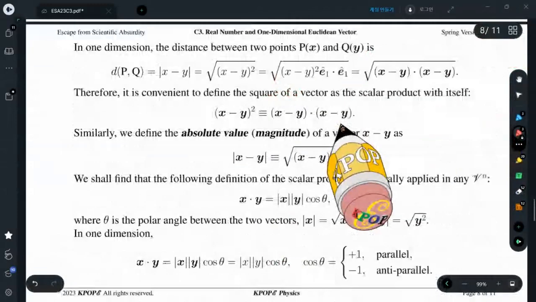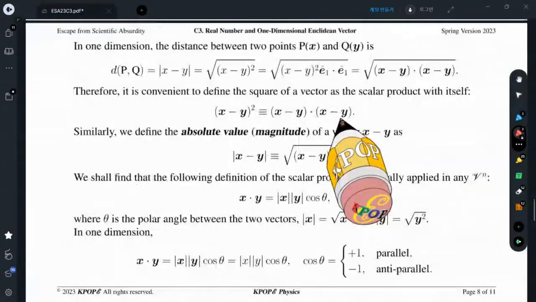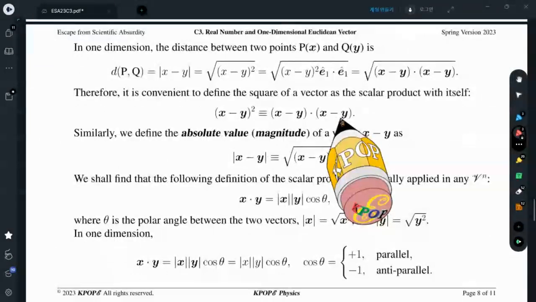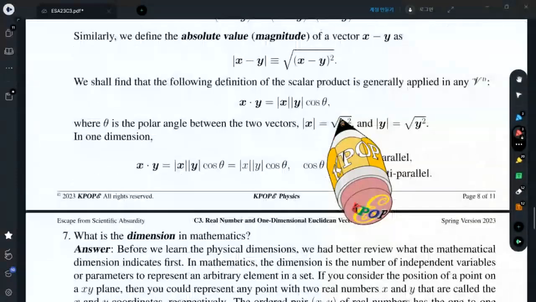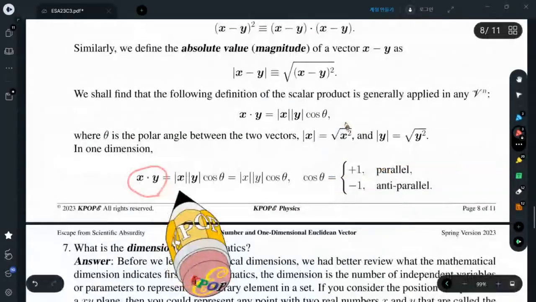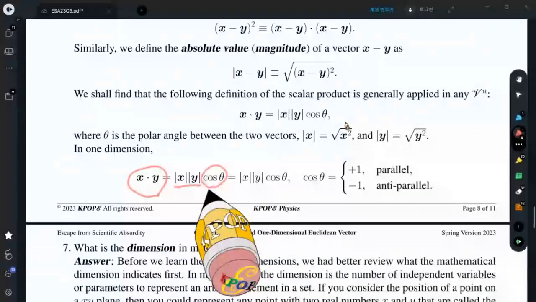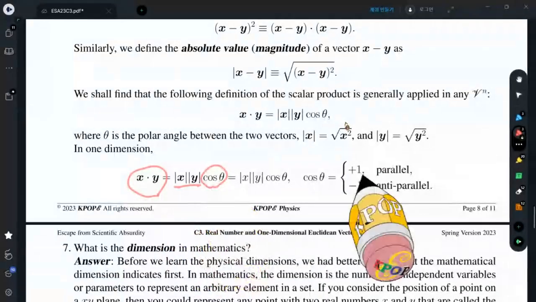And you know how to compute the absolute value of a real number, and actually that is the magnitude of a vector in one dimension. And in general, scalar product is just the product of the magnitudes and cosine theta, where theta is the angle between them, but the angle is either parallel or anti-parallel.